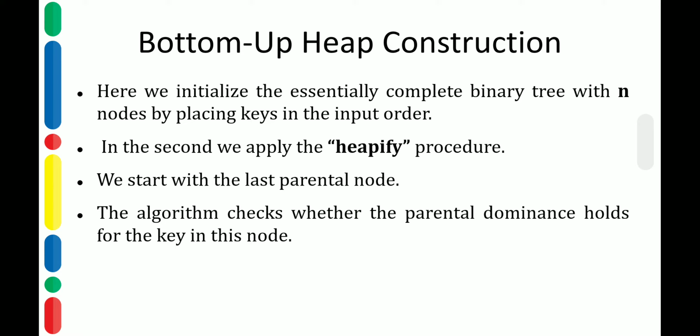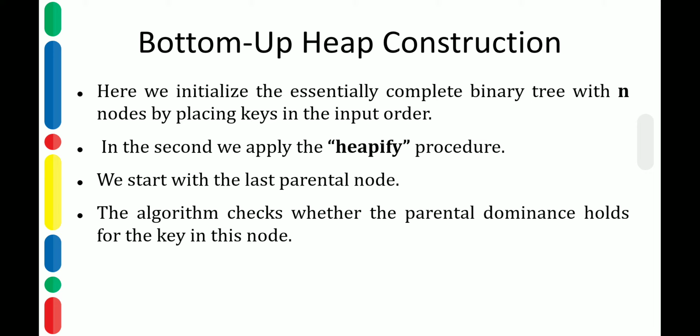So what we do is we initialize the essentially complete binary tree with n nodes by placing keys in the input order. And after we have placed the keys in the input order, we then apply the heapify procedure. What you have to understand is in the initial part we just simply place the elements according to the input order without worrying about whether the parental dominance property is satisfied or not.